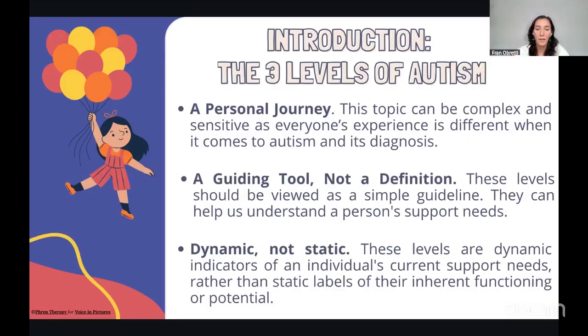It's just an indicator of an individual's current support needs. And because we know that before, during, and after a diagnosis of autism, every experience is personal, complex, and sensitive, everyone is different when it comes to autism, as we know that autism is a spectrum.